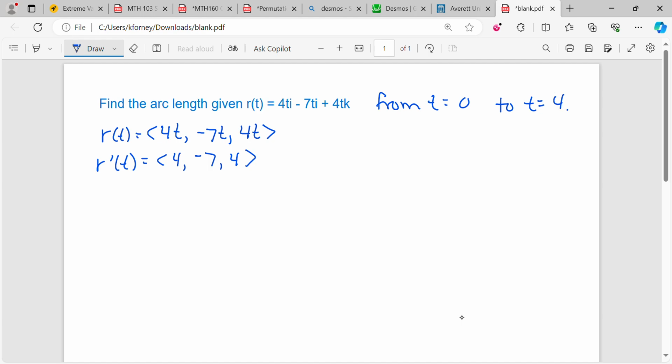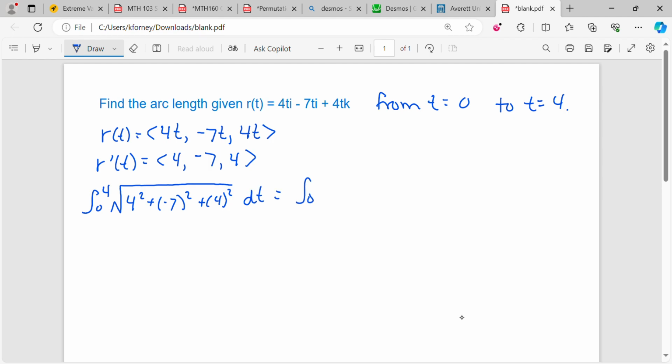Okay, so we want to now integrate from 0 to 4 the square root of 4 squared plus negative 7 squared plus 4 squared dt.